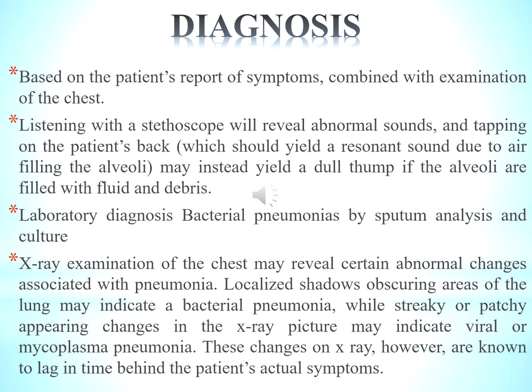Then we will go for X-ray examination of the chest. That will reveal certain abnormal changes associated with pneumonia. Localized shadows obscuring areas of the lung may indicate bacterial pneumonia, while streaky or patchy appearing changes in the X-ray picture may indicate viral or mycoplasma pneumonia. These changes on X-ray are known to lag in time behind the patient's actual symptoms. So these all are the diagnosis of pneumonia.